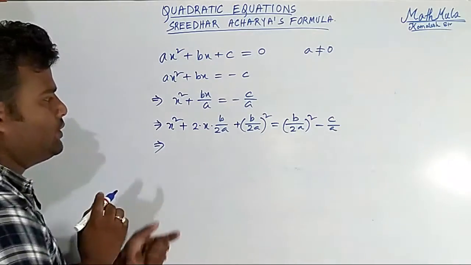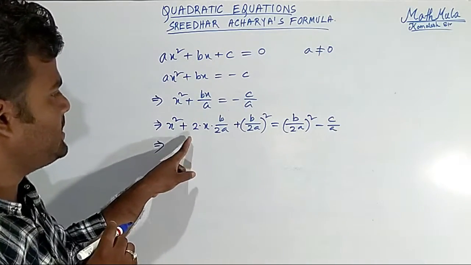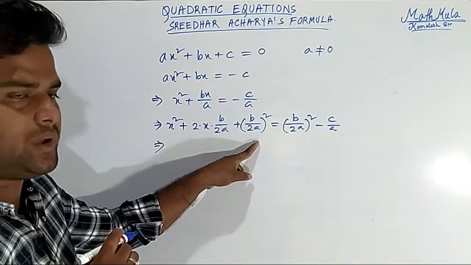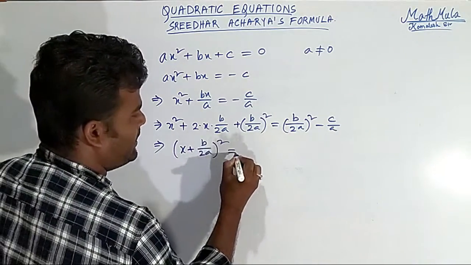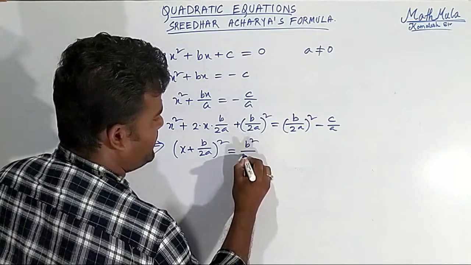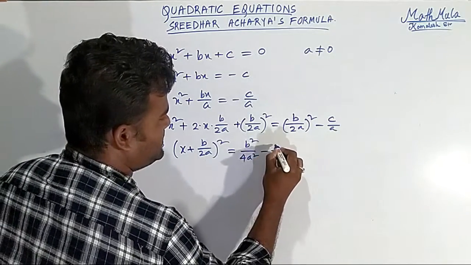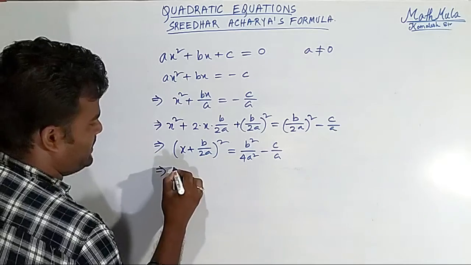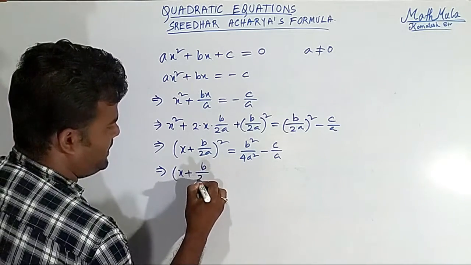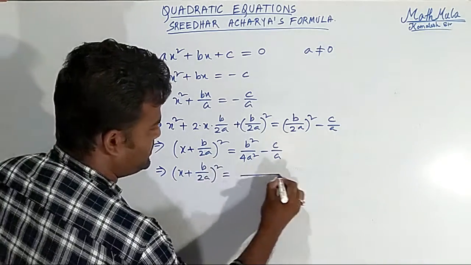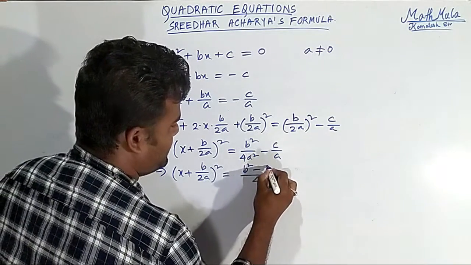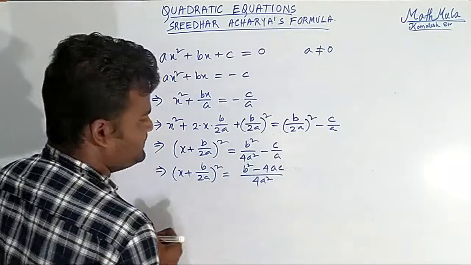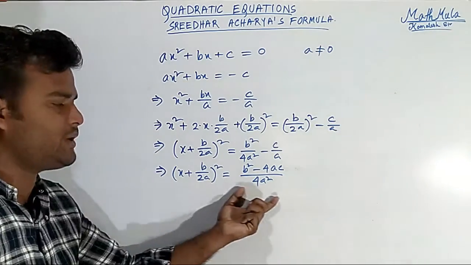Now look, this is a squared plus 2ab plus b squared, so we can write this as a plus b whole square, and this is equal to b squared by 4a squared minus c by a. That implies x plus b by 2a whole square is equal to, taking the LCM 4a squared, b squared minus 4ac. Now we take the square root of both sides.